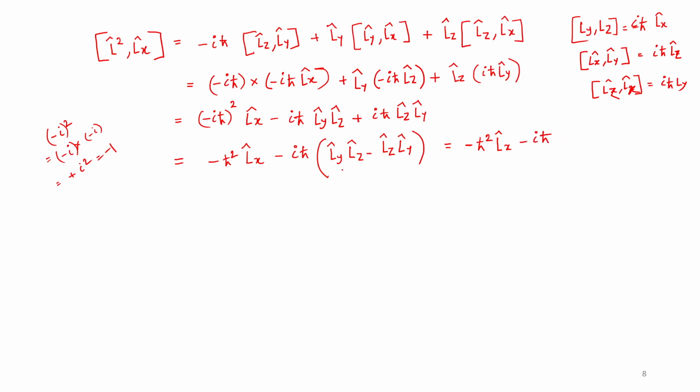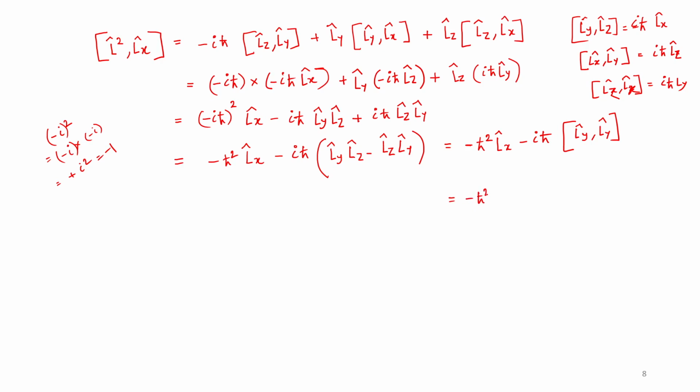ħ Ly Lz minus Lz Ly is nothing but Ly Lz commutator, right? And which is nothing but, Ly Lz I have written here that Ly Lz is iħ Lx.